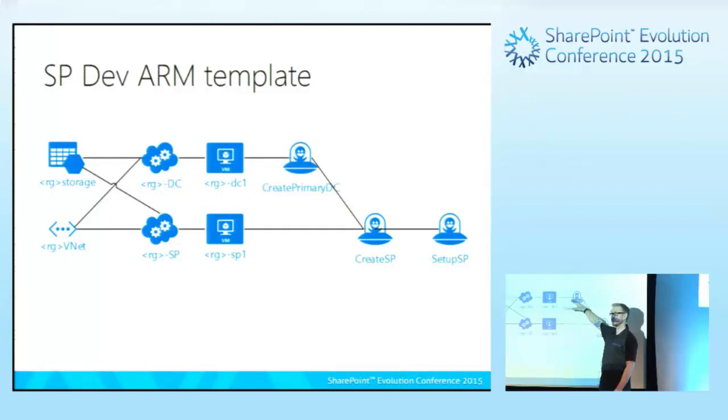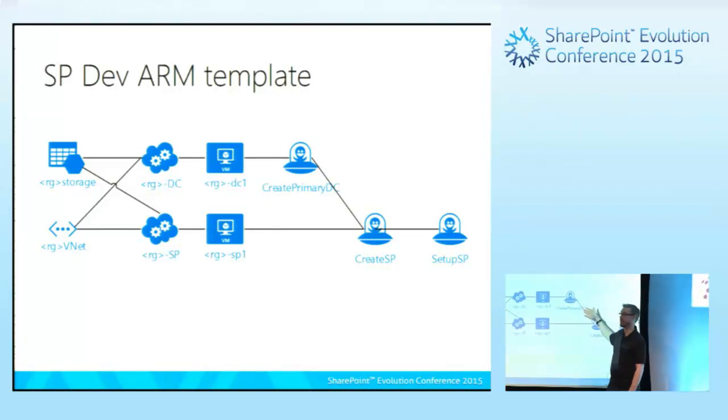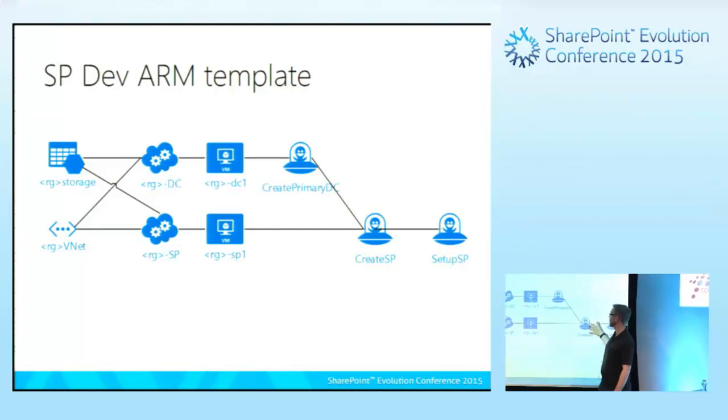And once the domain controller has started, I fire up a Desired State Configuration script that creates my domain controller and configures that machine. It creates the domain, adds some users, etc. And this is done in parallel. But this script is waiting for the DC script to finish. When that's done, this one will join the machine to the domain, and it will do some configuration.